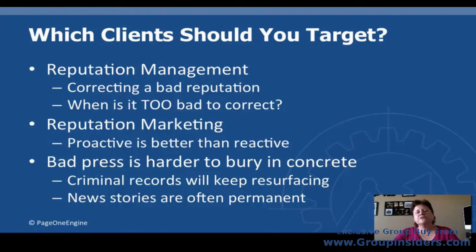News stories, criminal records, things like that, these are often very permanent things. We might make them go away, but they can be brought back pretty quickly and pretty hard. So keep this in mind when you're talking about what type of client you should target for reputation managing or reputation marketing. We really need to do our homework.